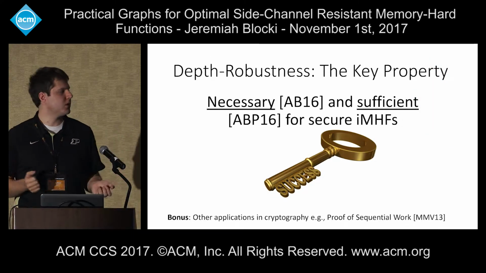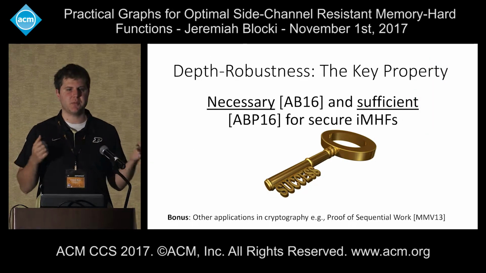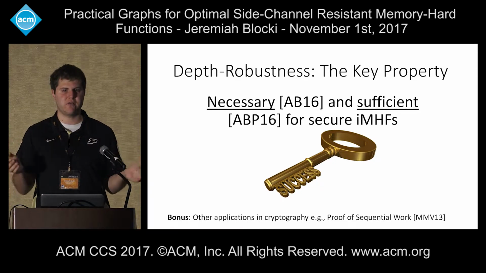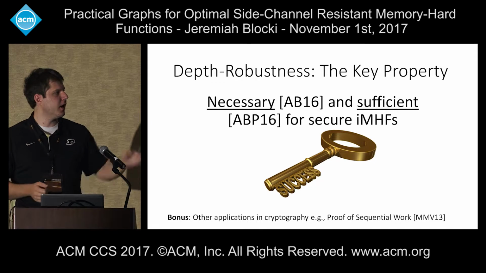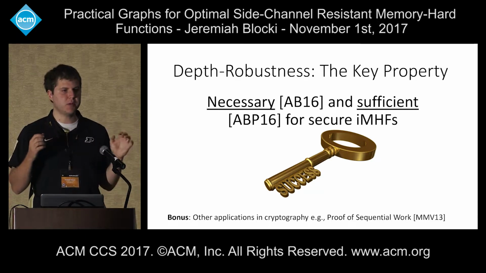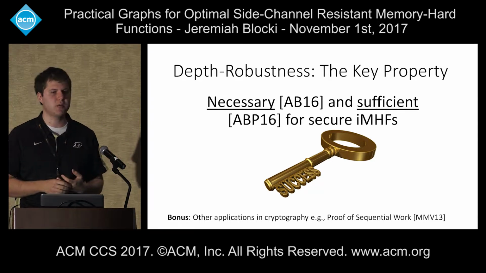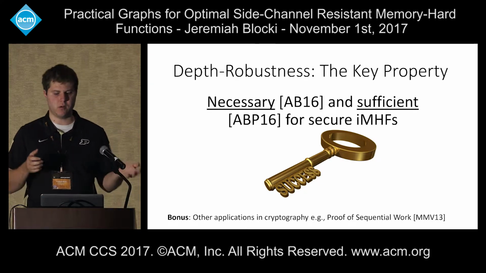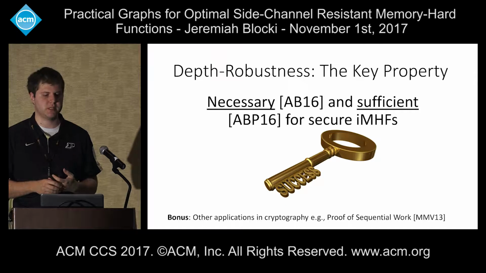Right. So the paper is about constructing depth-robust graphs. So it might seem strange. How is this related to memory hard functions or password hashing? The connection is here. Depth robustness, it turns out, is the key property to building an MHF with optimal amortized area-time complexity.